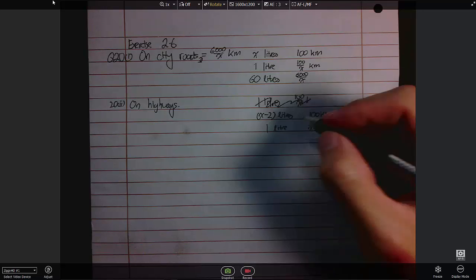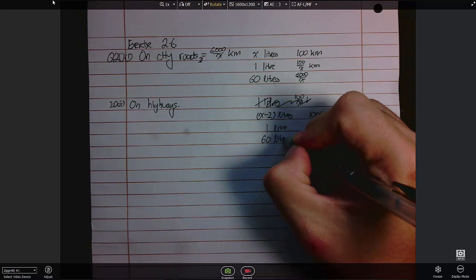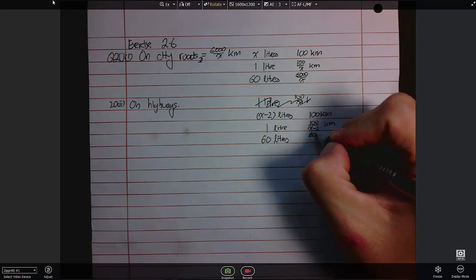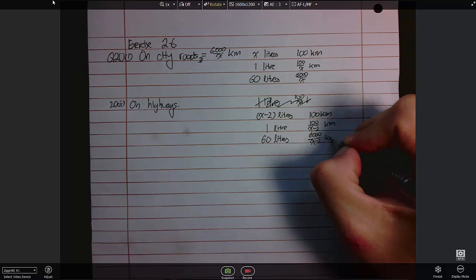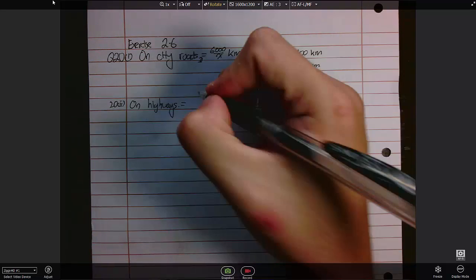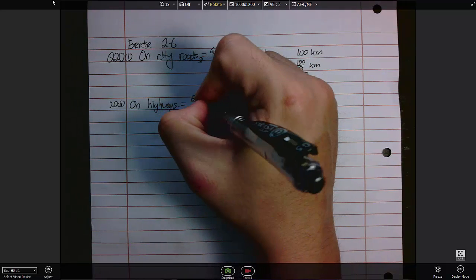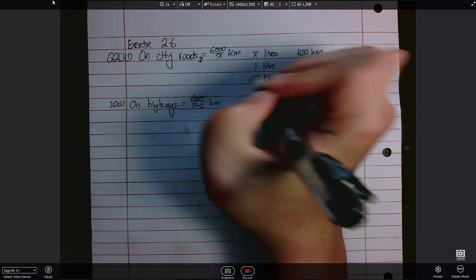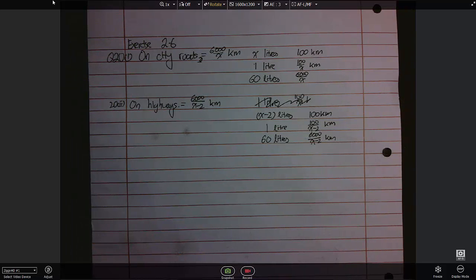Now they ask 60 liters, so 60 liters will be 6,000 over X minus 2 km, multiplied by 60 as well. So what I get is on highways I will be able to drive 6,000 divided by X minus 2 km. That is 20 part 2.